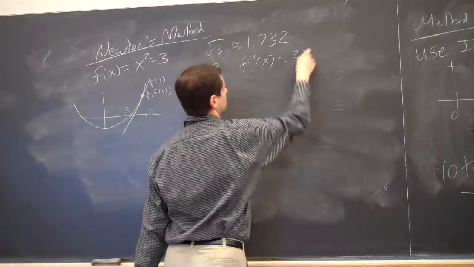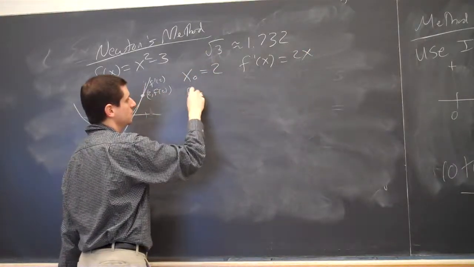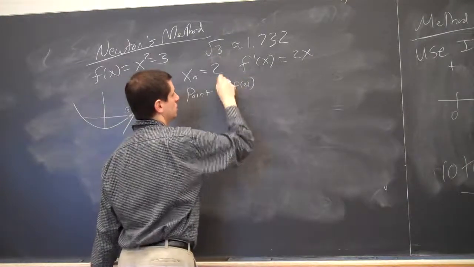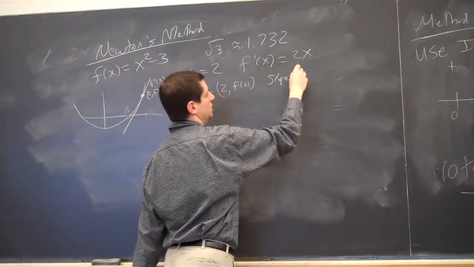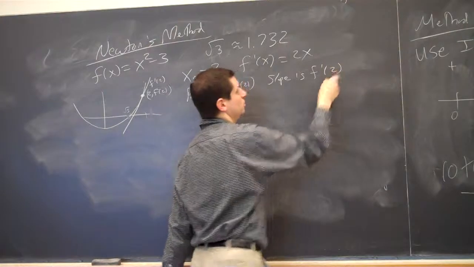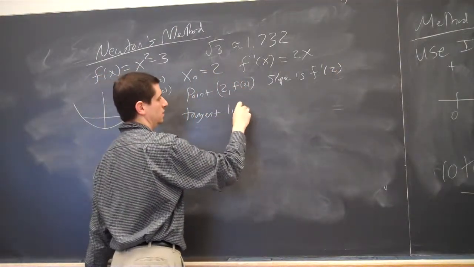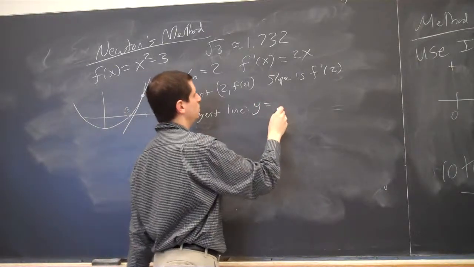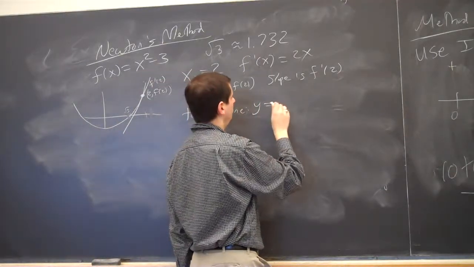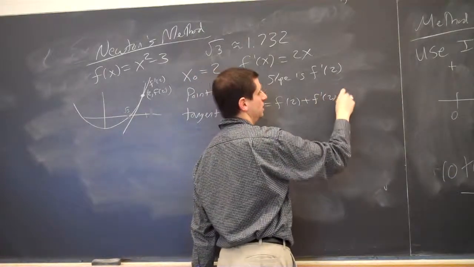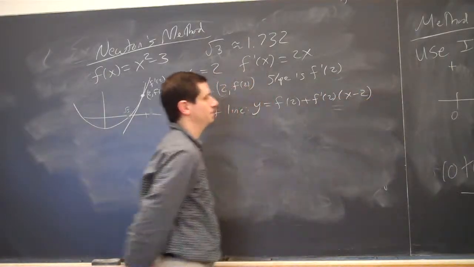It's going to be 2x. So the tangent line is y equals f of 2 plus f prime of 2 times x minus 2.